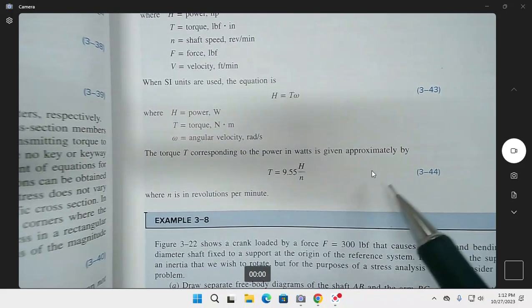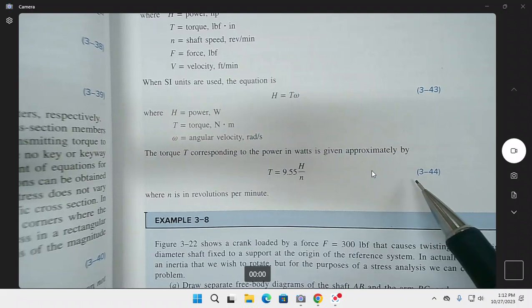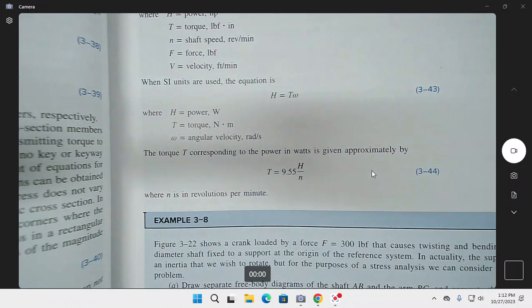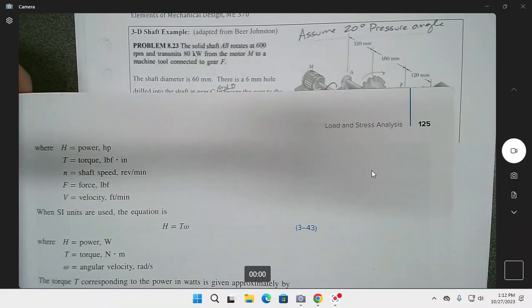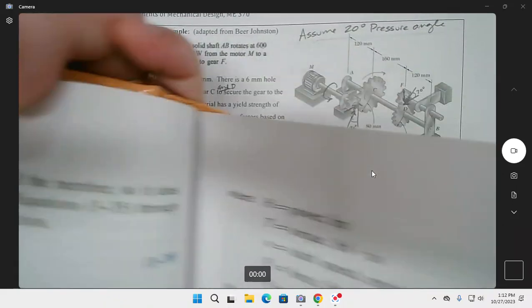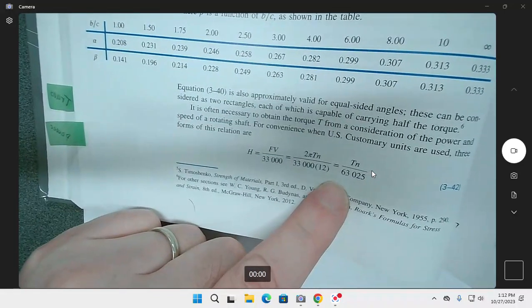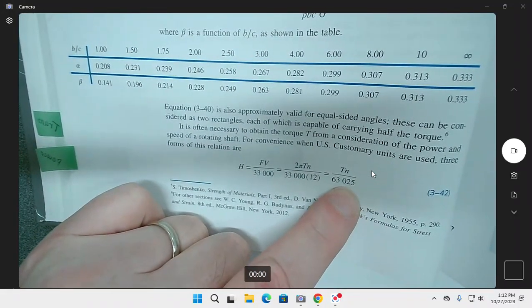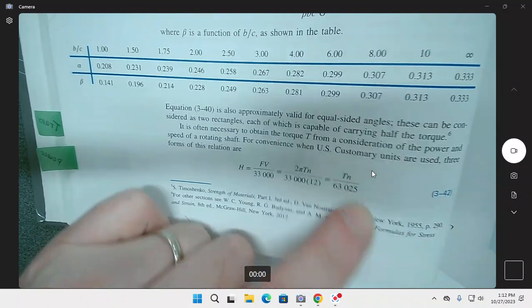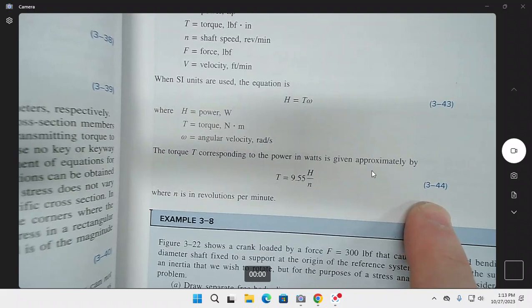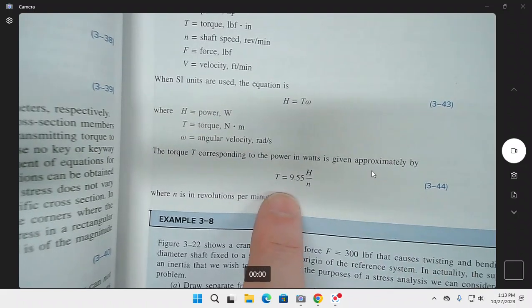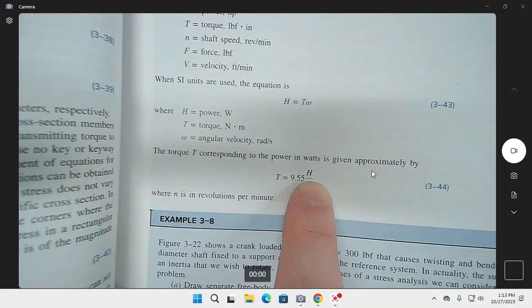It's a good one to bookmark these pages in here. Depending on your edition, this is 124 and 125. Page 124 has the horsepower one with the 63,025, and here you have equation 3-44 for finding the torque from the watts. So we'll write that one down.